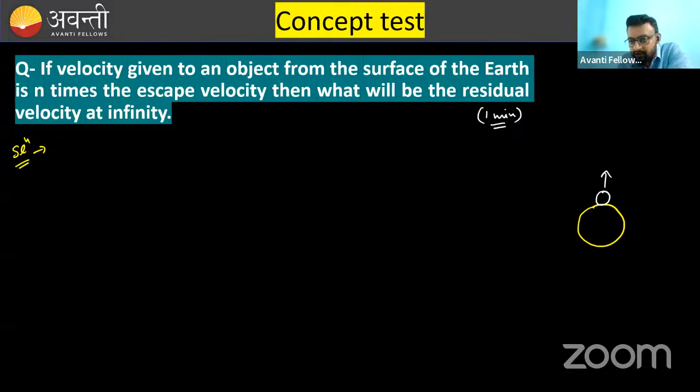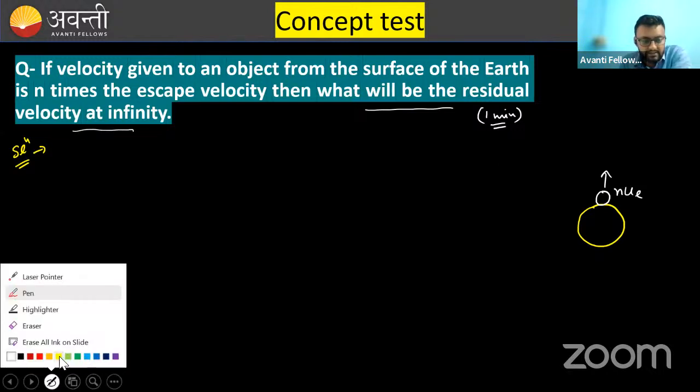So escape velocity is ue, and the velocity given to this object is n times the escape velocity. Can you see the initial velocity is n times ue? So what are they asking in the question? What will be the residual velocity at infinity?